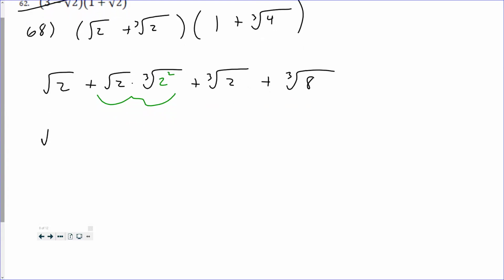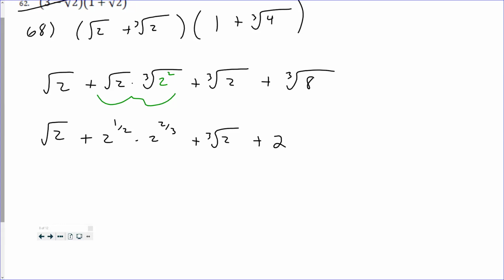The square root of 2, I don't need to convert because I'm not dealing with it. It can stay by itself. But this root 2 times cube root of 4, I'm going to change to 2 to the 1/2 times 2 to the 2/3. The cube root of 2 can stay. There's nothing I can do with it. And the cube root of 8 is just 2.